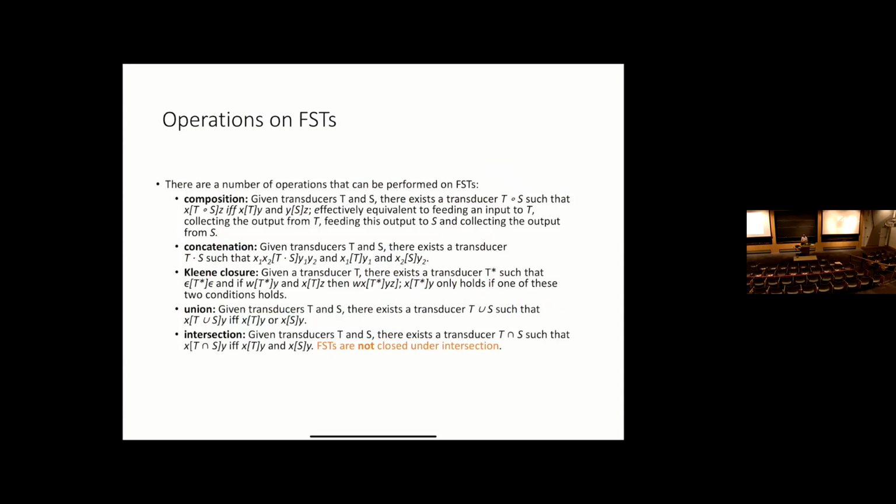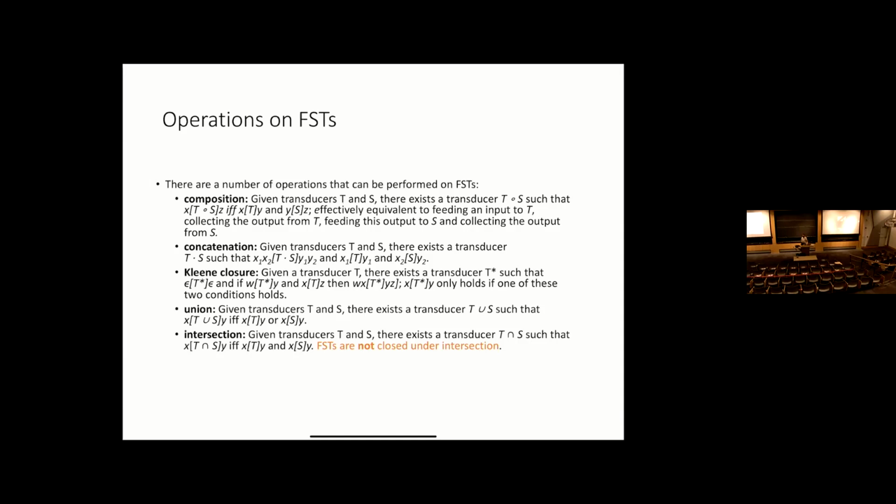You create a new transducer that's equivalent to taking the output of the first transducer and feeding it as input to the second transducer. That's composition. So you get a completely new FST, a big FST, from combining two smaller FSTs. And the big FST does the combination of the things that the two smaller FSTs do in sequence.